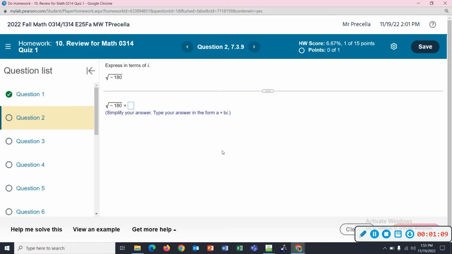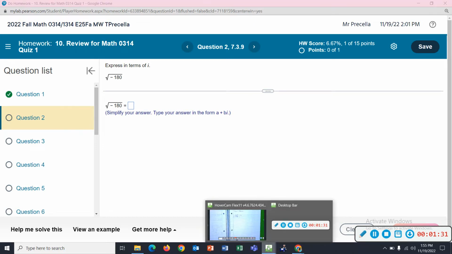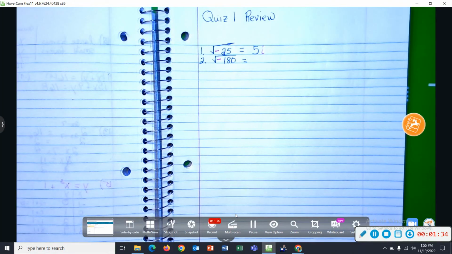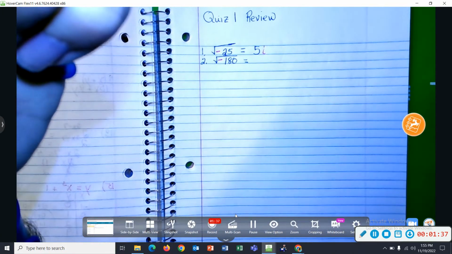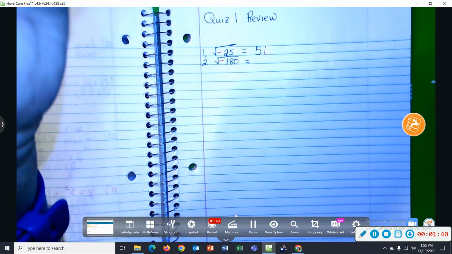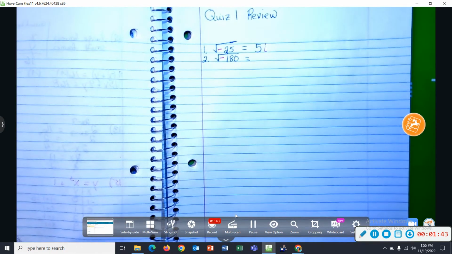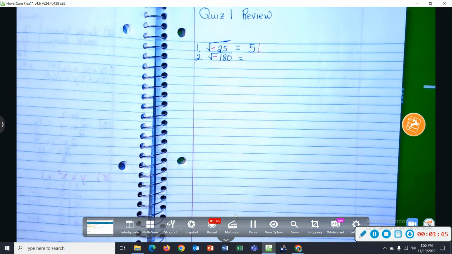Now, the square root of negative 180. 180 is not a perfect square.